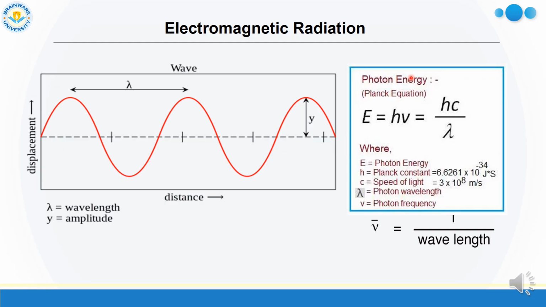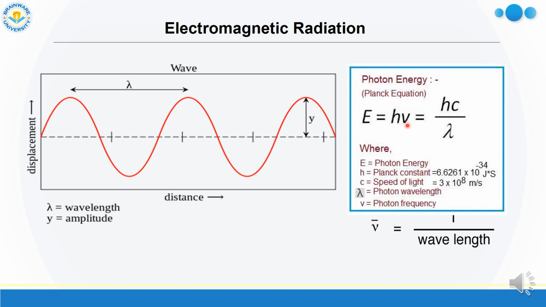Now one important formula, we all know about it, E equal to h nu. What is E? E is the energy of the light. h is Planck's constant, which is 6.626 × 10^-34 joule second. Nu is the frequency of light.